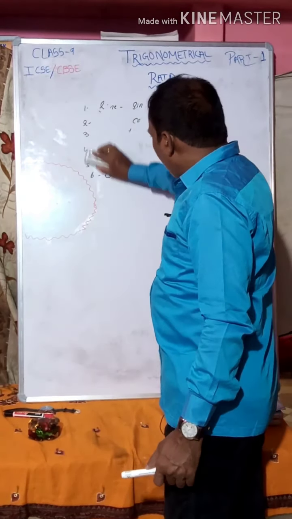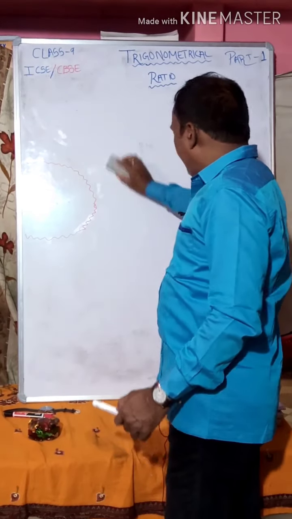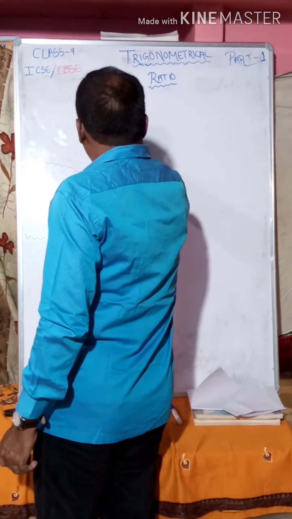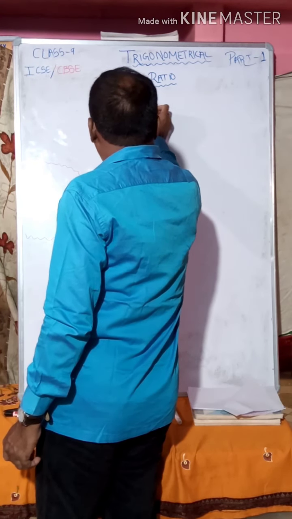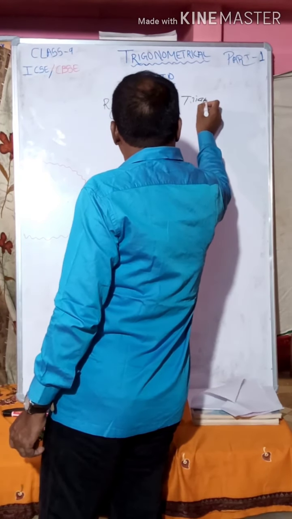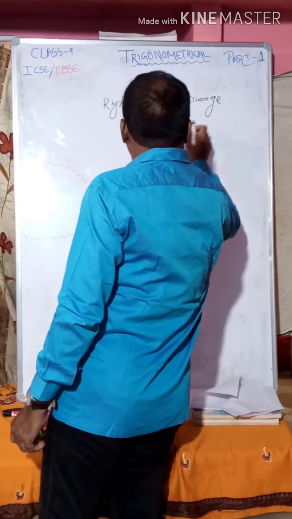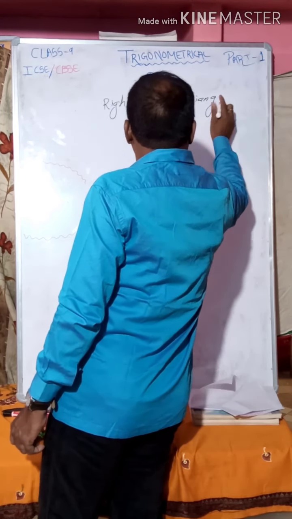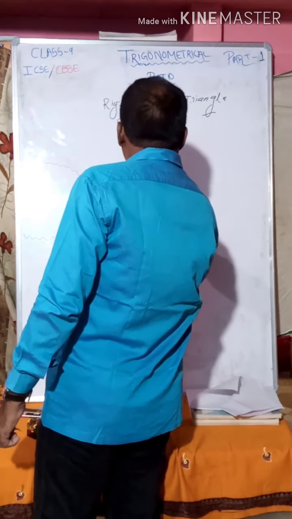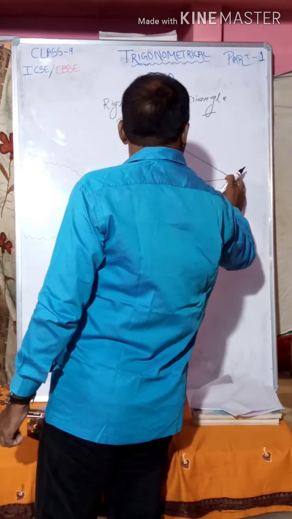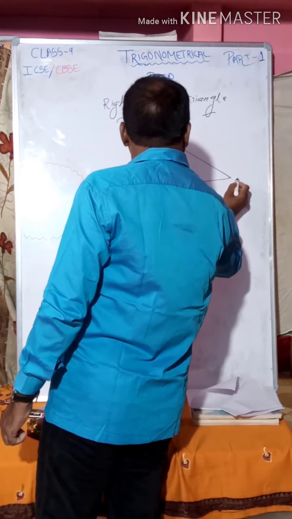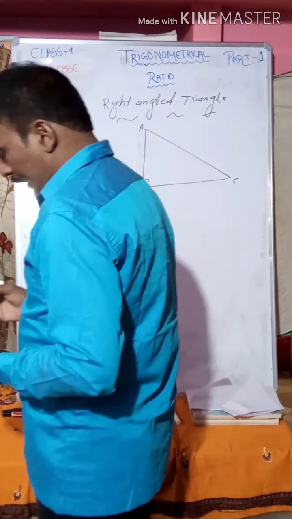Now we will discuss about the right angle triangle. ABC is a right angle triangle.